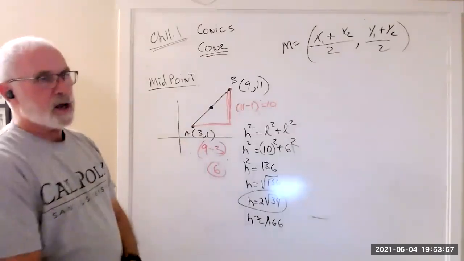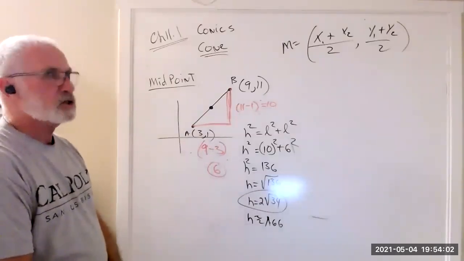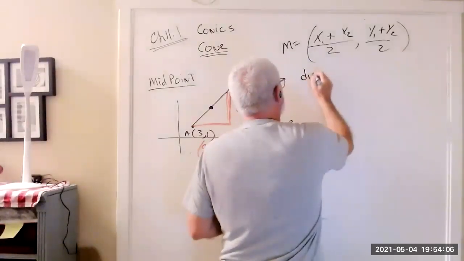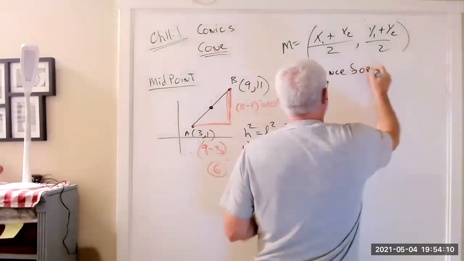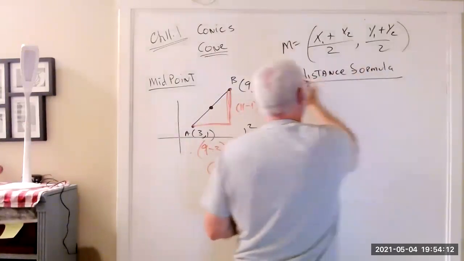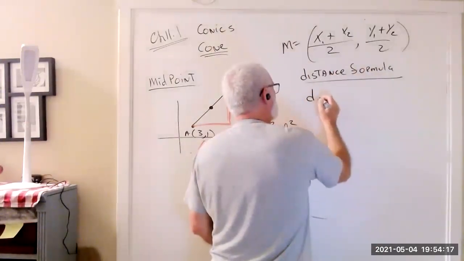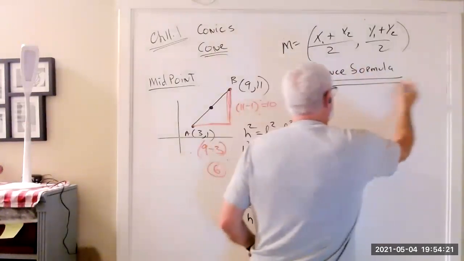The alternate way is to memorize what's called the distance formula. The distance formula. And it looks like this. Now, don't panic.